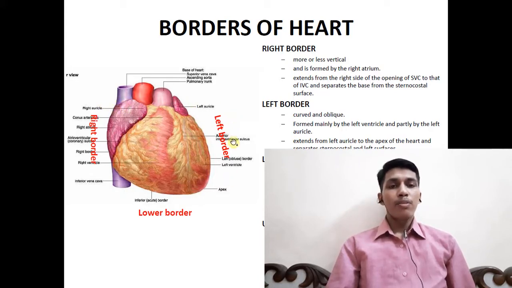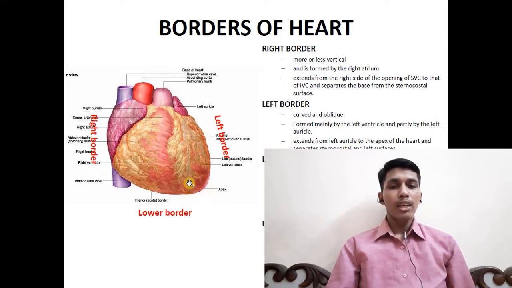Secondly, the left border is curved and oblique. It is formed mainly by the left ventricle, as we see here, and the left auricle. As we have previously discussed, from the anterior view of the heart we can see the left auricle, not the left atrium. So it extends from the left auricle to the apex of the heart.